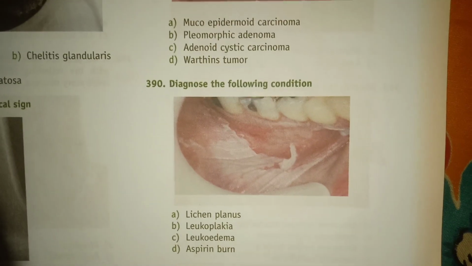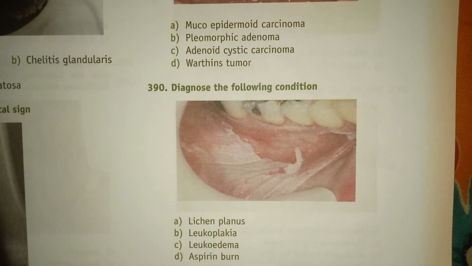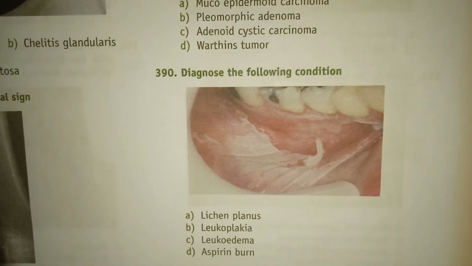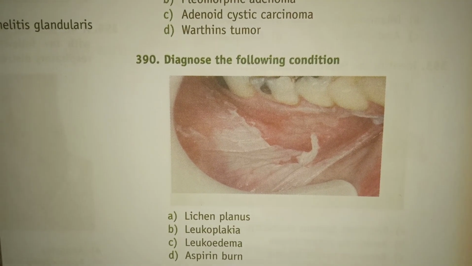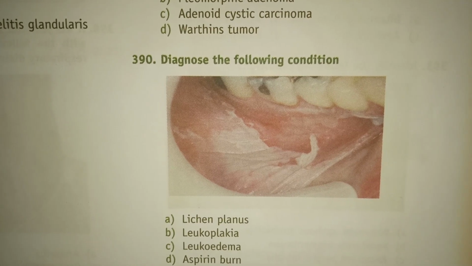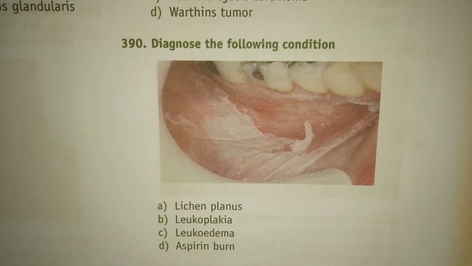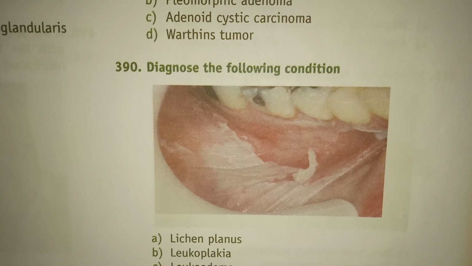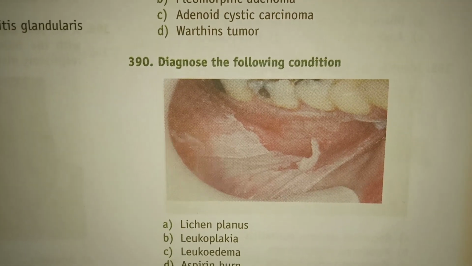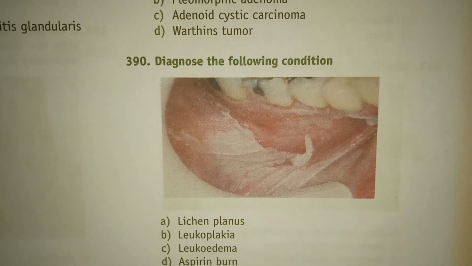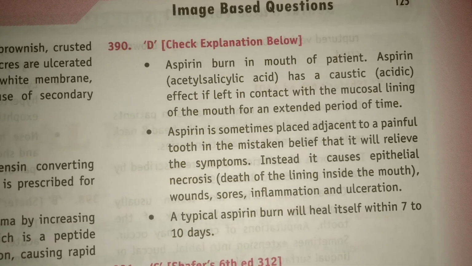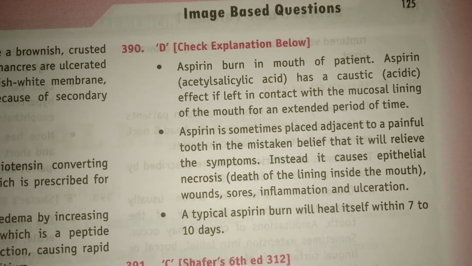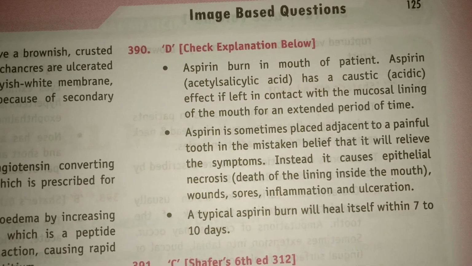Next, you can see the white patches, and some white patches are ragged kind of thing, and some abrasion kind of thing is also there. So what is the diagnosis? It was a picture of aspirin burn.